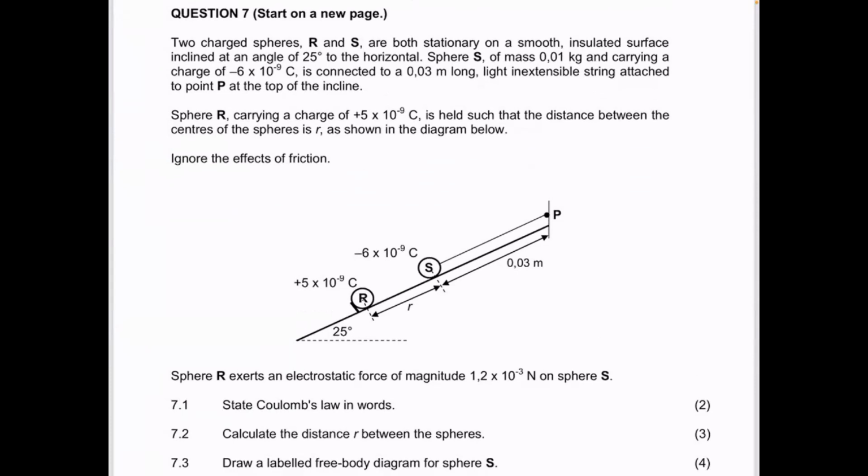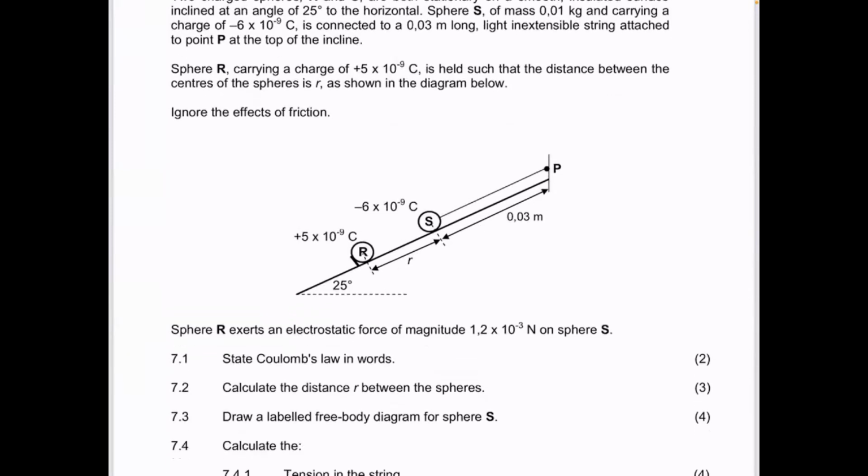Sphere S of mass 0.01 kg and carrying a charge of minus 6 times 10 to the minus 9 coulomb is connected to a 0.03 meter long light inextensible string attached to point P at the top of the incline. Sphere R carrying a charge of plus 5 times 10 to the minus 9 coulombs is held such that the distance between the centers of the spheres is r, as shown in the diagram. Ignore the effects of friction.